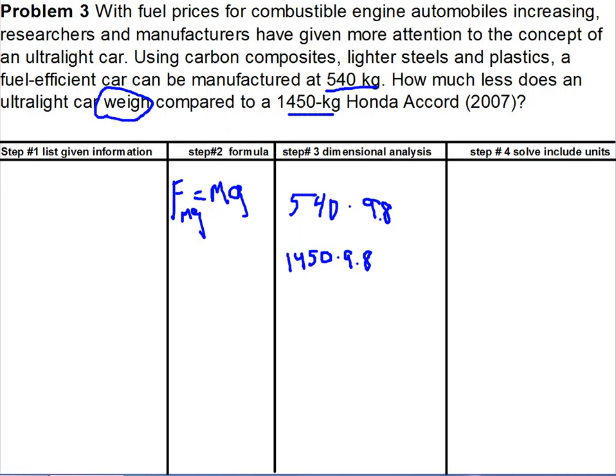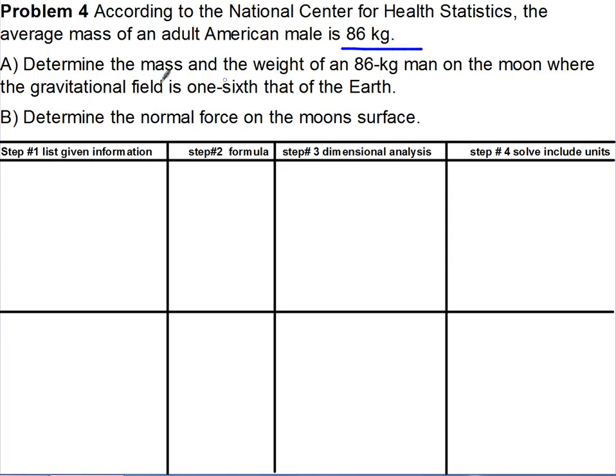So there you have a few of the force questions. The rest of them are pretty much the same thing. Again, we're given a mass. This time they want you to determine the mass of the guy on the moon and his weight on the moon. So all they did here is mass doesn't change, so that's just making sure you understand the idea that mass is the same everywhere. The weight on the moon, if weight is mass times gravity, and we change the gravity from the Earth's gravity of 9.8, 1/6 of that would be divided by 1/6.